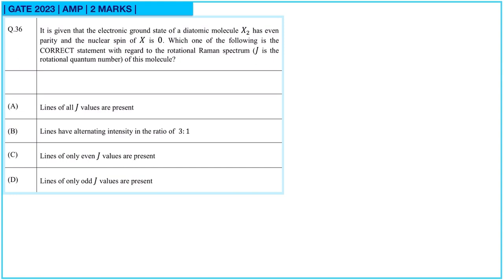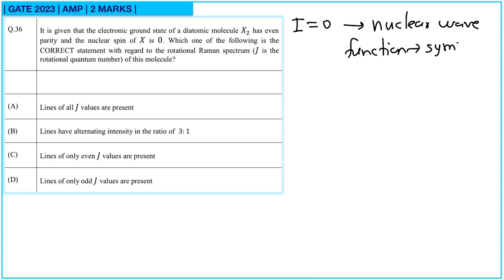Now, if we consider nuclear spin, if I is equal to 0, that means the nuclear wave function is symmetric. So this is the first thing. And in Raman spectroscopy, a transition occurs when delta J is equal to plus minus 2 only.